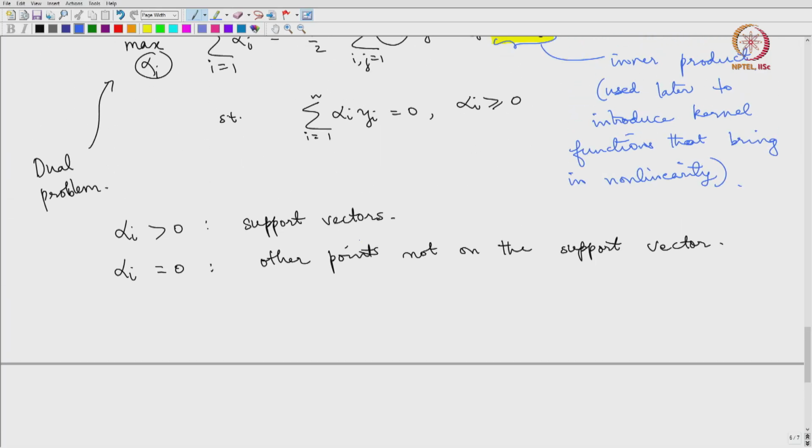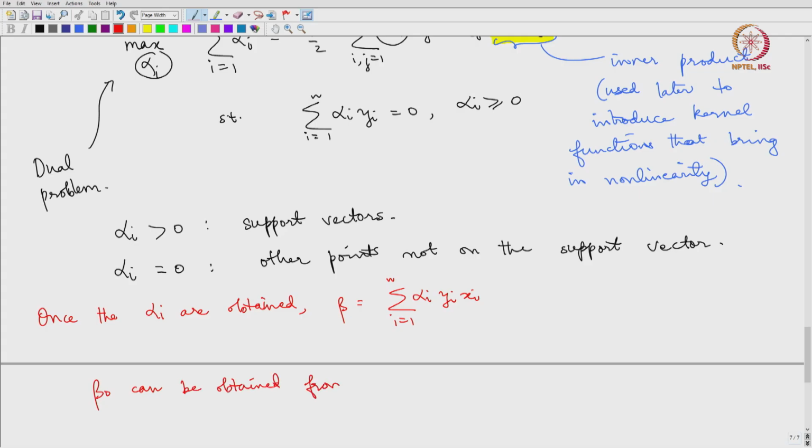So, once the alpha i are obtained, you can obtain beta and beta naught. So, beta can be obtained as the sum i going from 1 to n of alpha i yi xi, and beta naught can be obtained from any support vector.